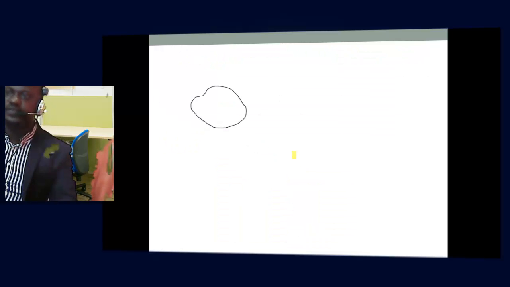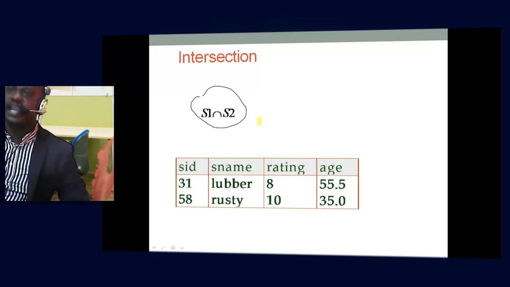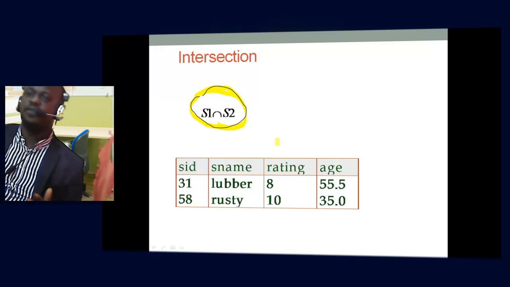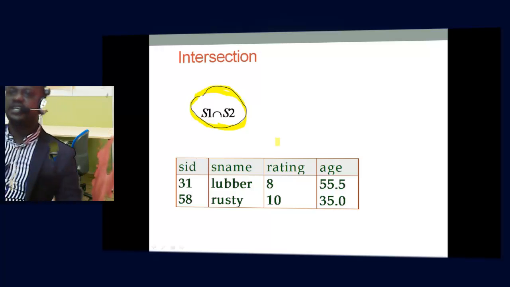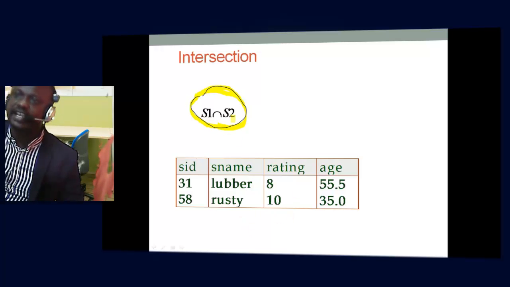So now let's move to the next item, which will be intersection, S1 intersection S2. Like you saw from our illustration, 31 Laba 855 and 58 Rusty 1035 can be found in both S1 and S2.